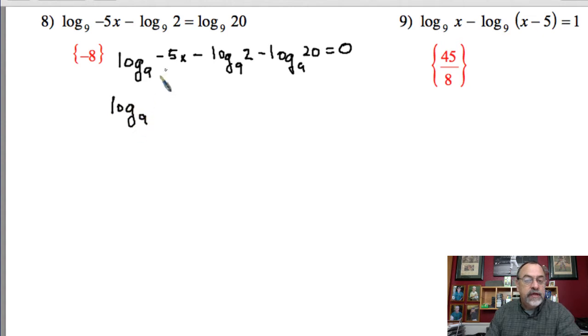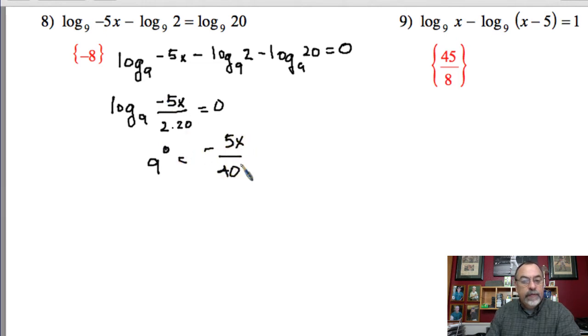So this is log base 9 of negative 5x, minus means divided by 2, divided by minus is 20, is equal to 0. So now that I have a single logarithm on this side, I can do the inverse operation, which is exponential. So 9 to this exponent, 0, will give me this value right here, negative 5x over 40.